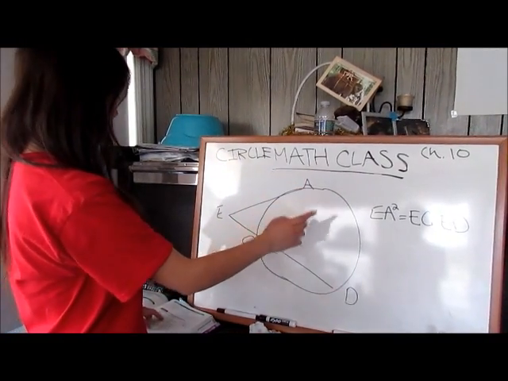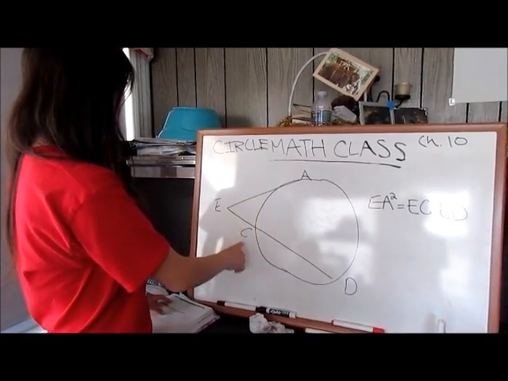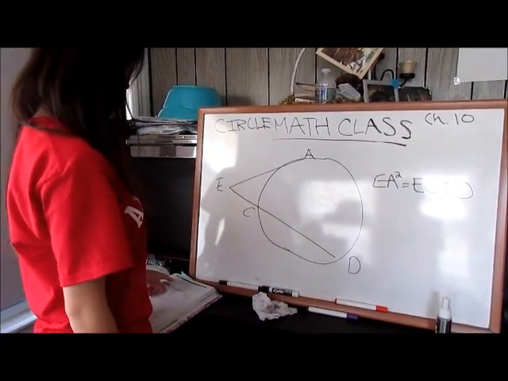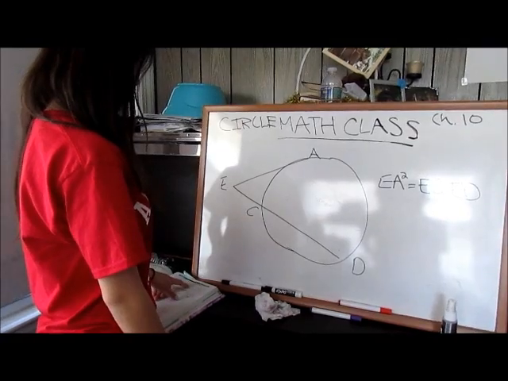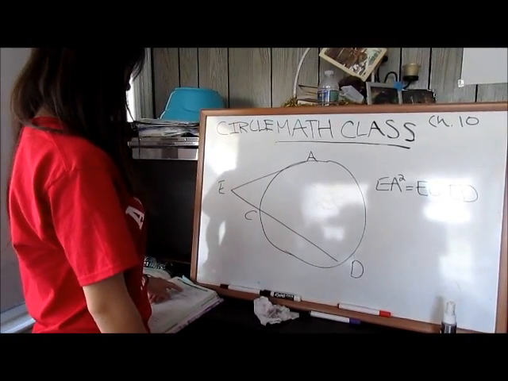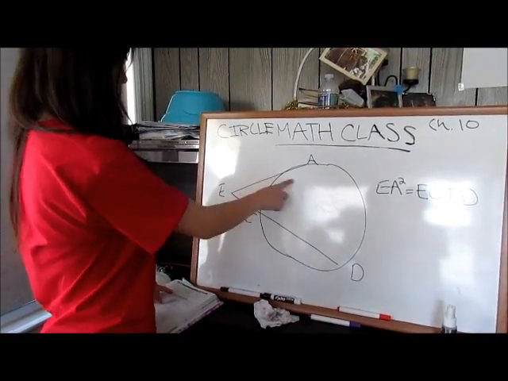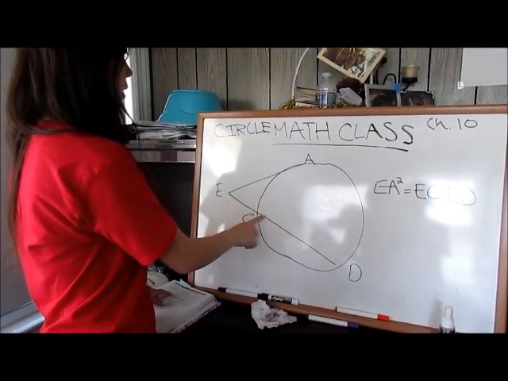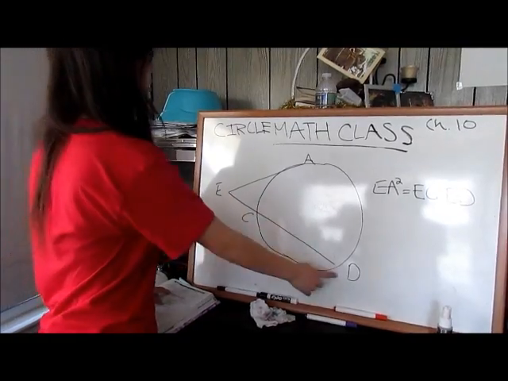Theorem 10.6. If a secant segment and a tangent segment share an endpoint outside a circle, then the product of the lengths of the secant segment and its external segment equals the square of the length of the tangent segment. So EA squared is equal to EC times ED.